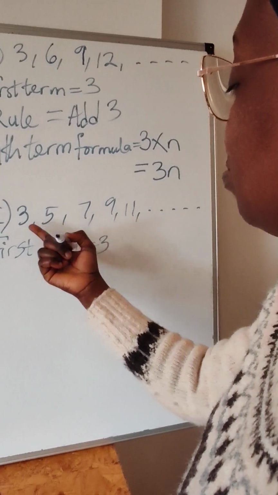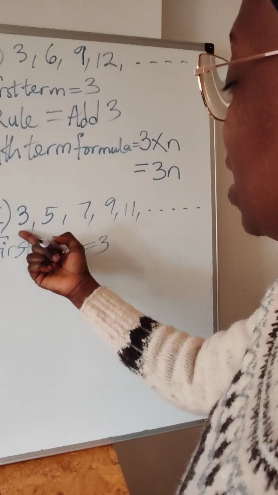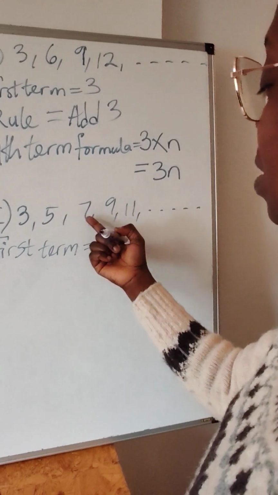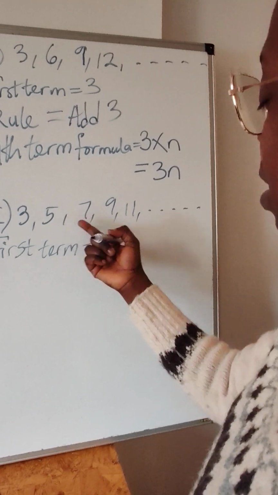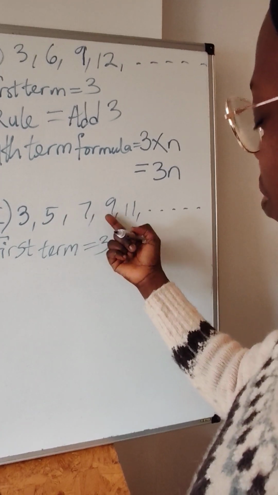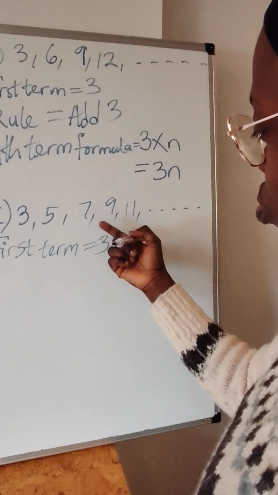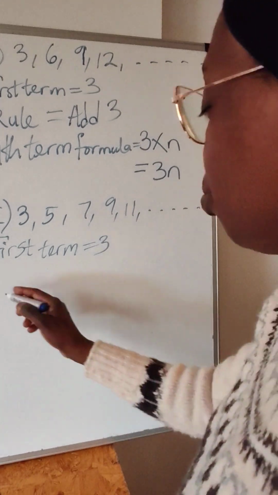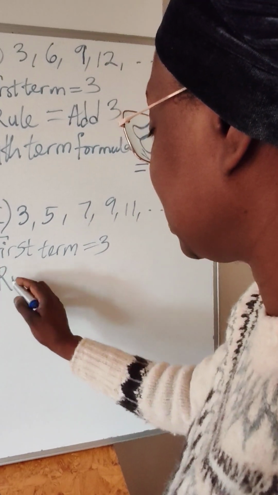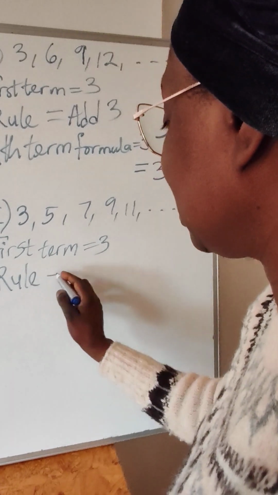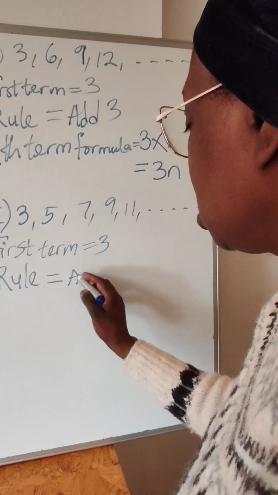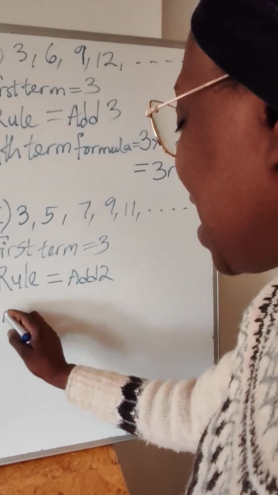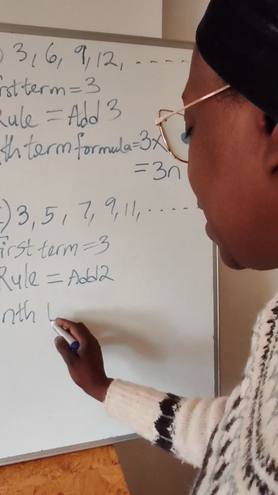From the first term to the second term, we can see the difference of 2. From second to third, difference of 2 again. From third to fourth, you can see the difference of 2. Fourth to fifth, difference of 2. So the rule here is add 2.